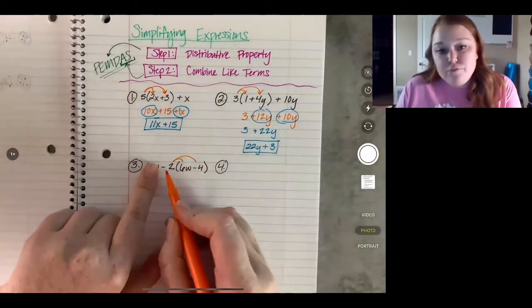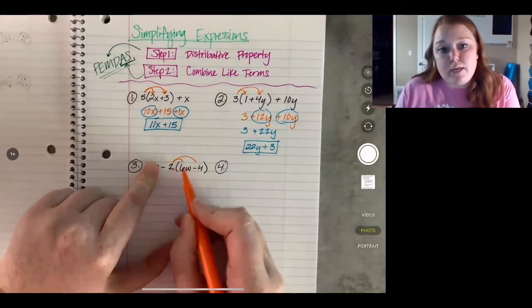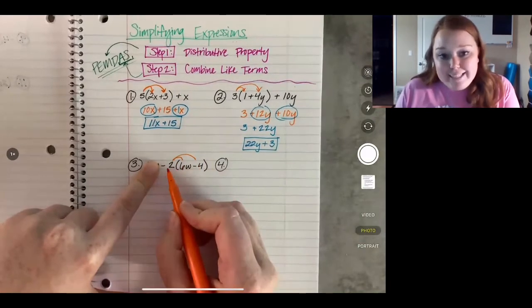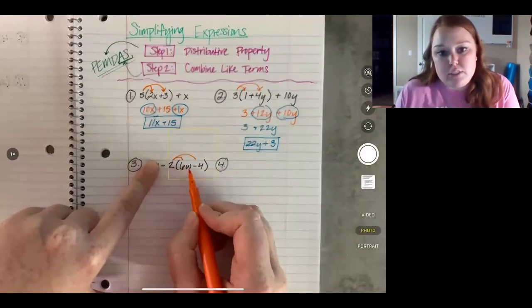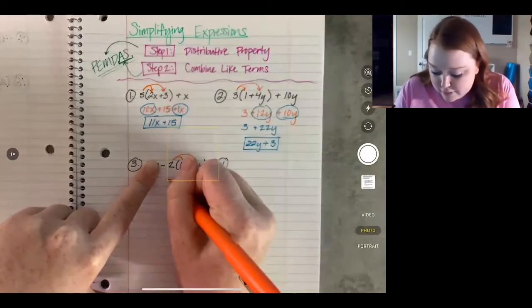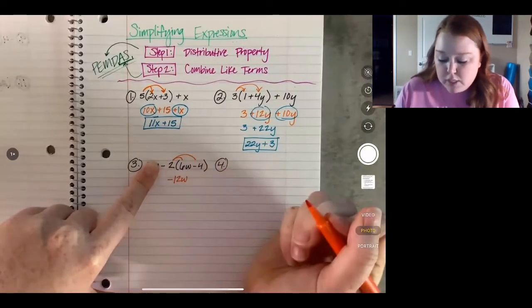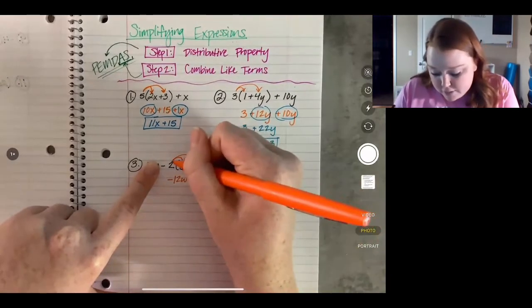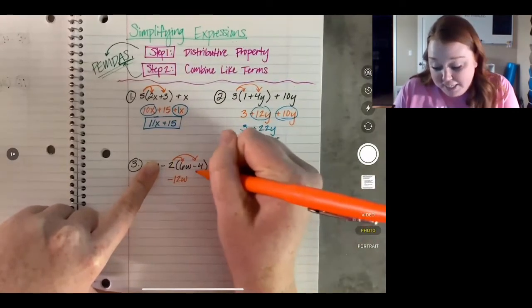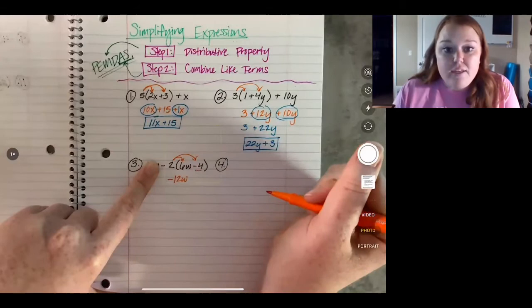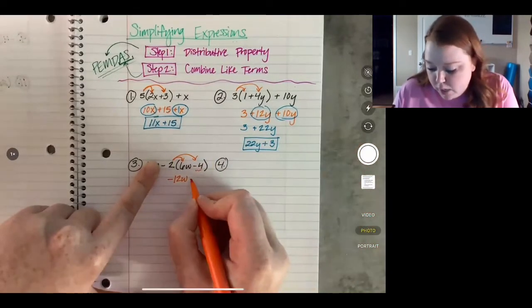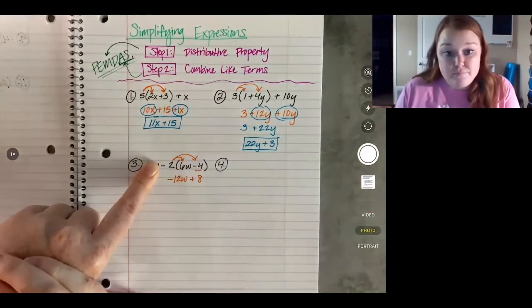So a negative 2 is going to be multiplying throughout. So we have negative 2 times 6w. That's negative 12w. And then you have a negative 2 times a negative 4. Negative times negative, positive. So that would be plus 8.